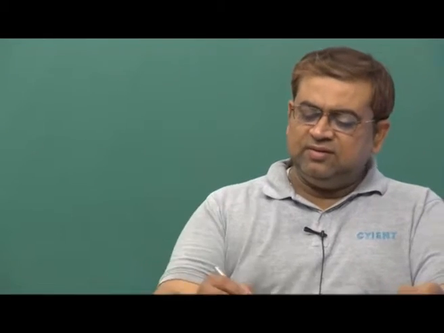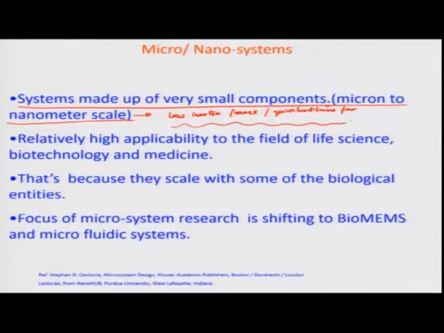So, the systems which are micro or nano have found tremendous utility because of all these different properties that they have in several modes related to sensing and actuation. The question that is being repeatedly raised is the rapidity of sensing, because there is hardly any component of its own which can add up to the total time scales.